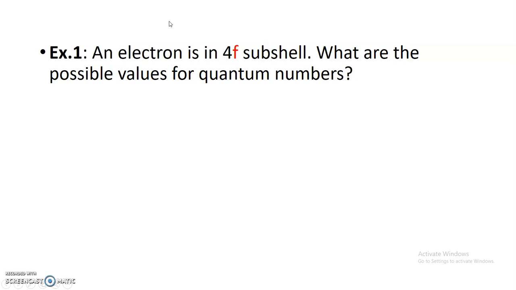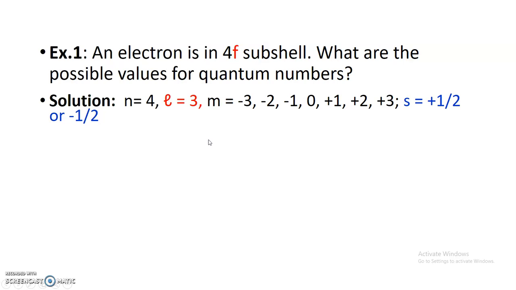If l is equal to 0, then s; l is equal to 1, then p; l is equal to 2, then d subshell; and for the f subshell, l is equal to 3. Therefore, for the 4f subshell, n is equal to 4, l is equal to 3.